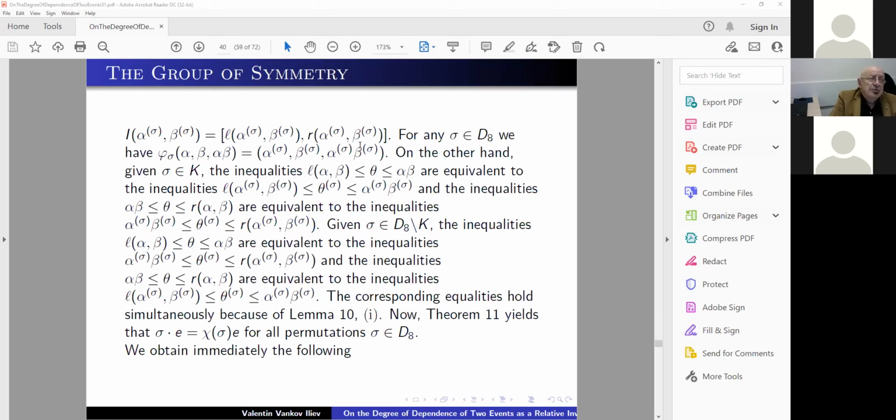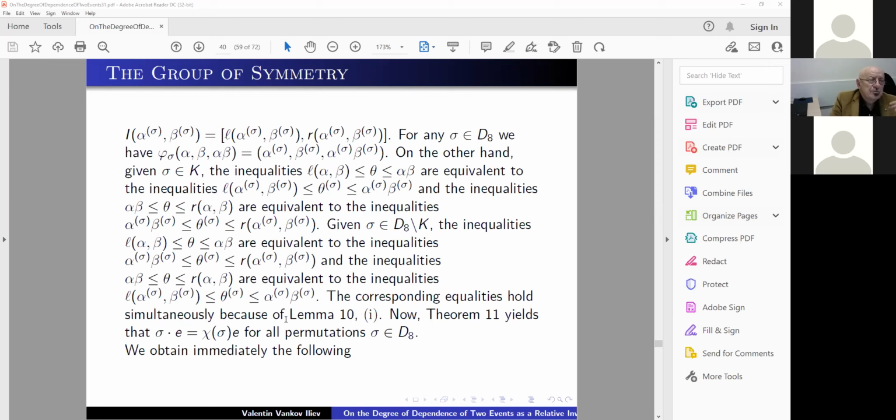So this is the main property, and other properties depend on whether sigma is in the subgroup K, which is the kernel of our abelian character, or outside the kernel.